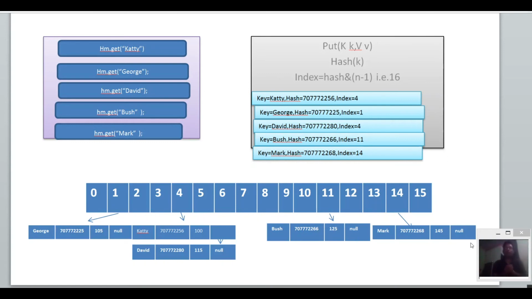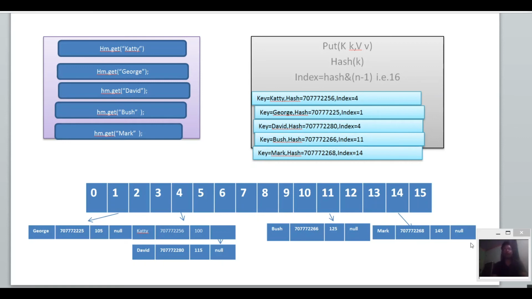One thing worth noting, it checks the key through both the equals method and hash code. That's why we need to override both equals and hashcode methods.